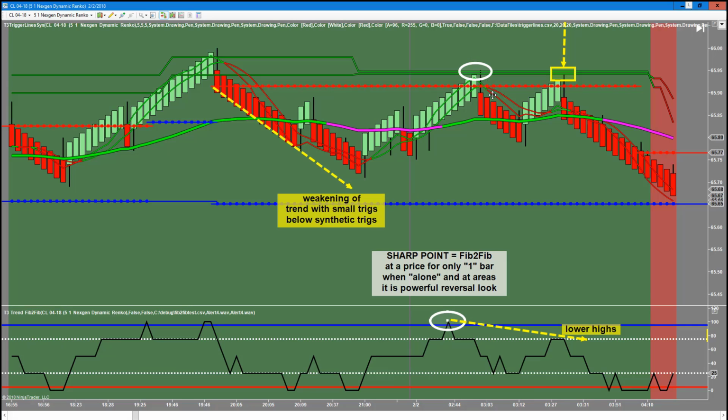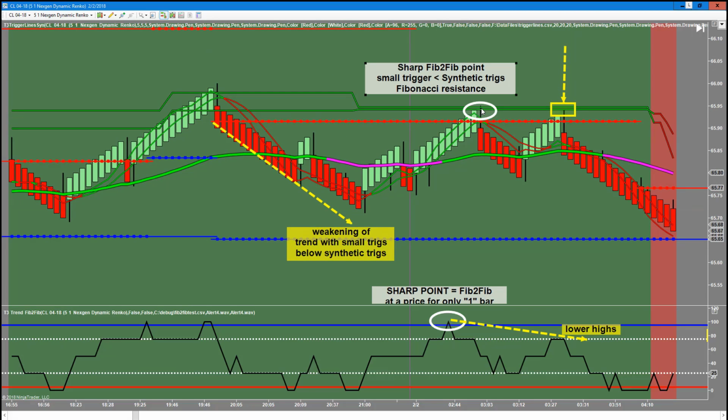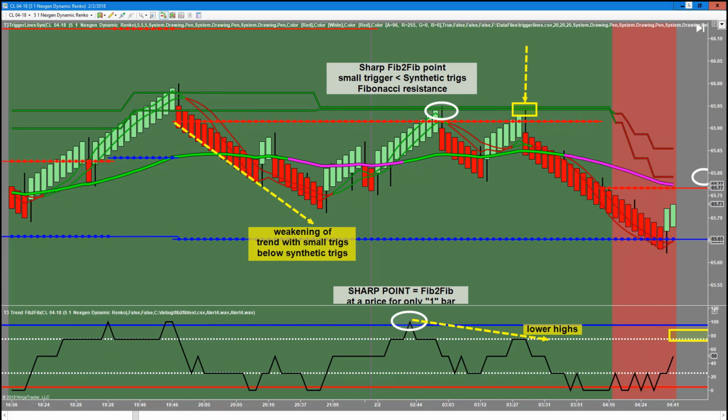When you add to the idea that you have a sharp point on your fib to fib oscillator, you're at Fibonacci resistance, and the small triggers have gotten below the synthetic triggers, and you put it all together, you start to anticipate that this area may potentially be a top for you. Now, you remember the picture that we refer to quite a bit.